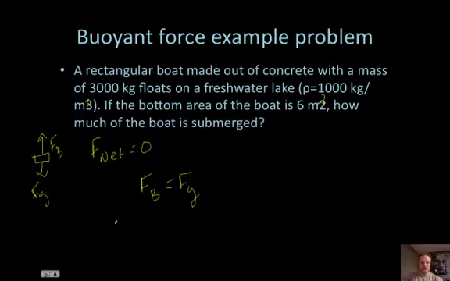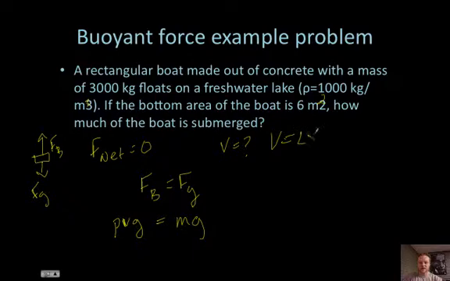And FB, as we know, is density times the volume displaced times gravity, equals the force of gravity, which is M times G. The problem is I don't know how much volume is displaced. That's part of what I want to figure out, right? Volume is partly what's missing. Well, what's the formula for volume?